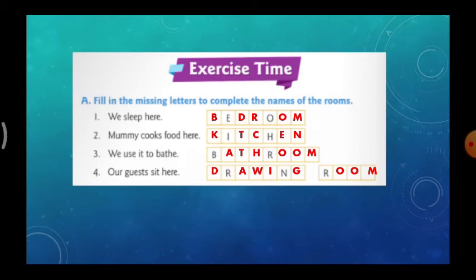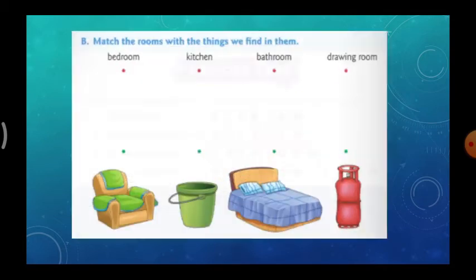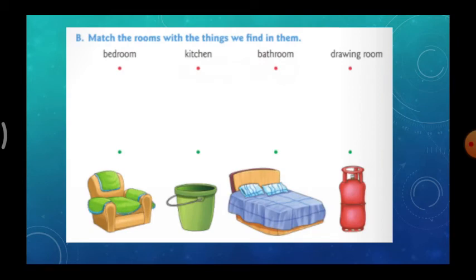Okay, children, you have to read all the spellings. The first one is bedroom. Second one, kitchen. Third one, bathroom. Fourth one, drawing room.